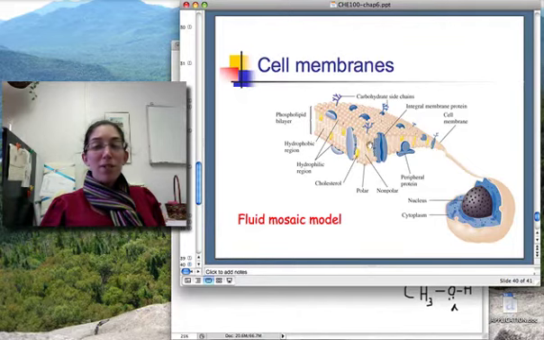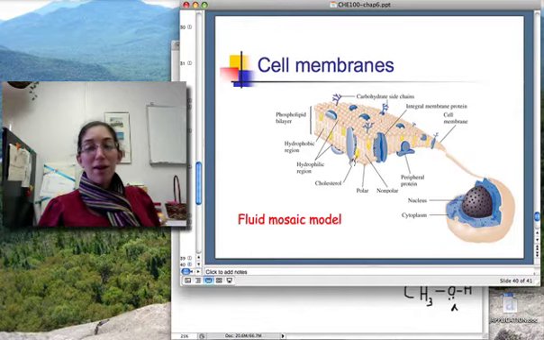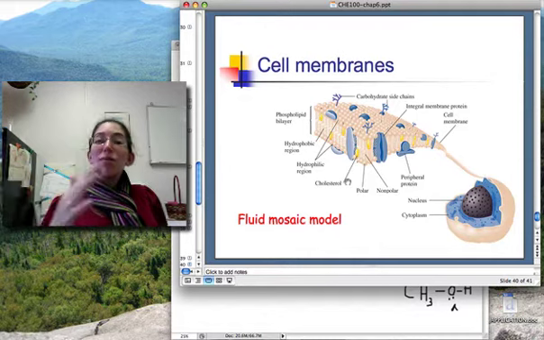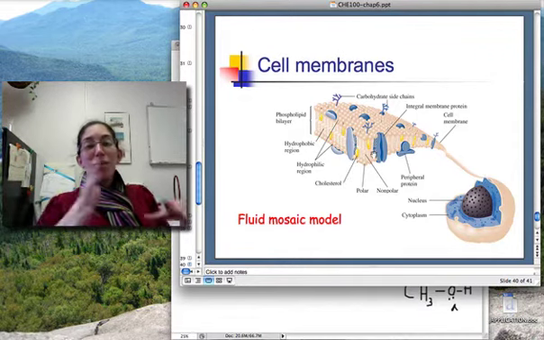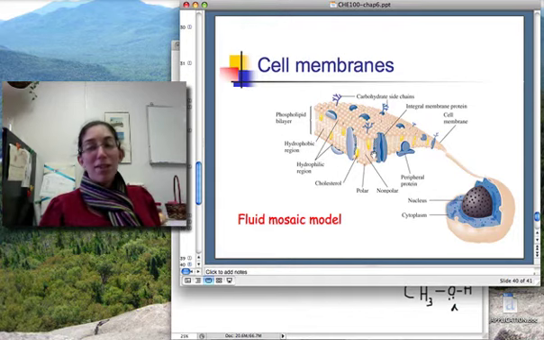There's also cholesterol embedded in the phospholipid bilayer. That's these little yellow molecules here, cholesterol. And that actually affects the fluidity of it. The more cholesterol that's in the membrane, the more flexible that membrane's going to be.